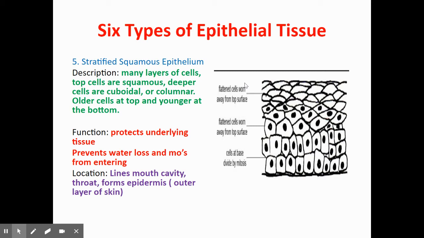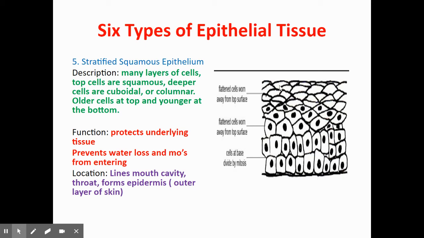Okay. So notice that if you look at this picture of stratified squamous, at the bottom, the cells are more cuboidal. All right. They look more like cubes, but as we go up, the cells get flattened to the point that they're totally flattened at the top here.